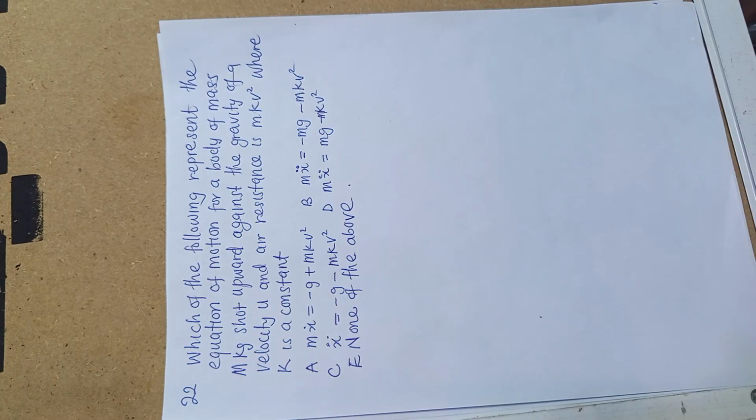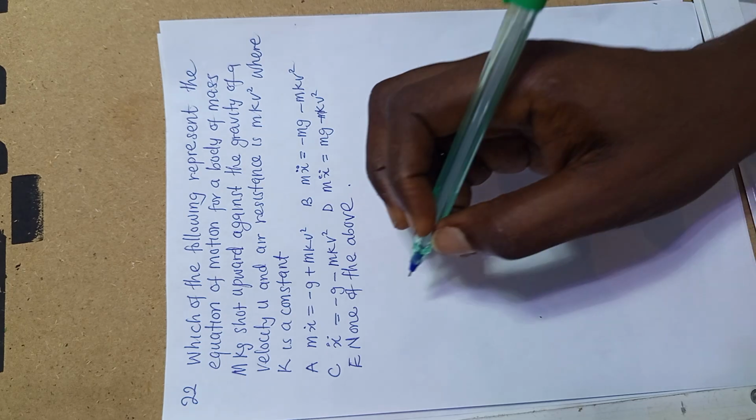Now, which of the following represents the equation of motion for a body of mass m in kilograms shot upward against gravity with a velocity u and air resistance mkv squared, where k is constant?